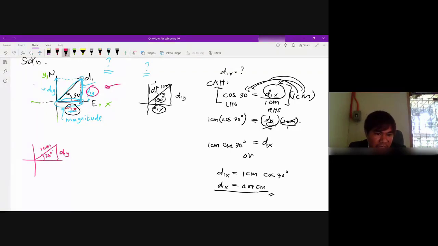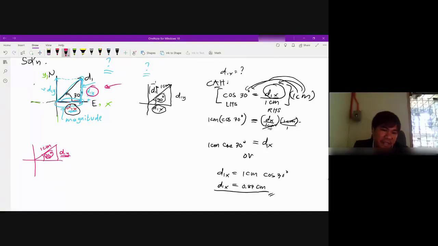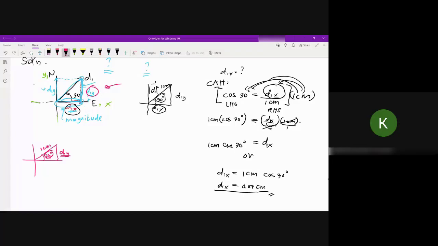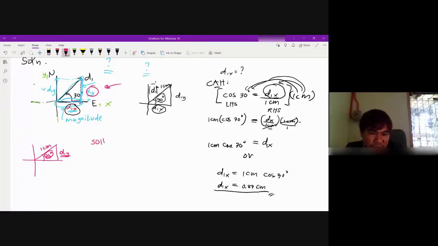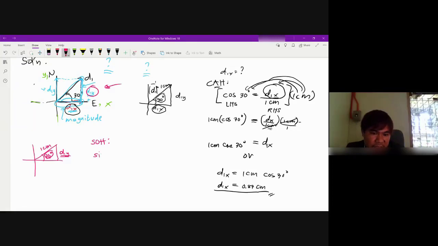So sa relationship sa angle o sa d1y, opposite. Very good. So gamit ta og sine. Okay. So you have sine 30 degrees.